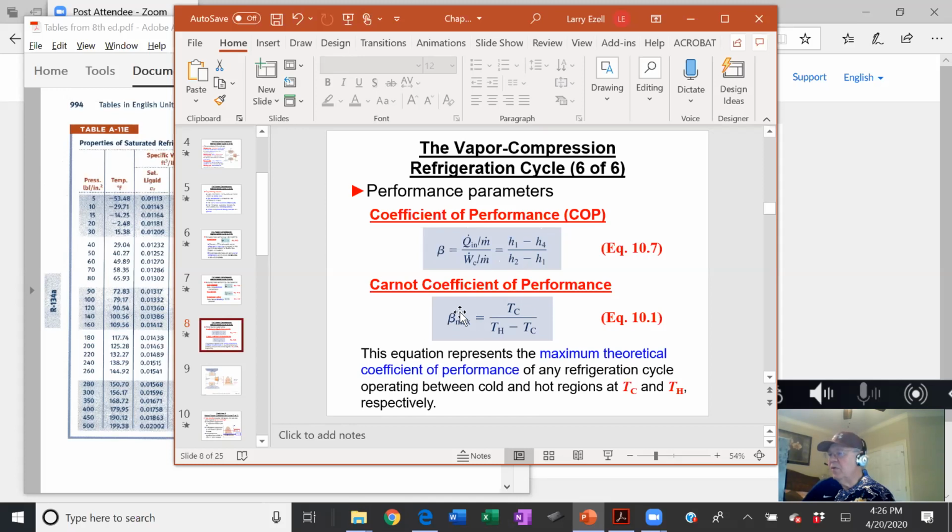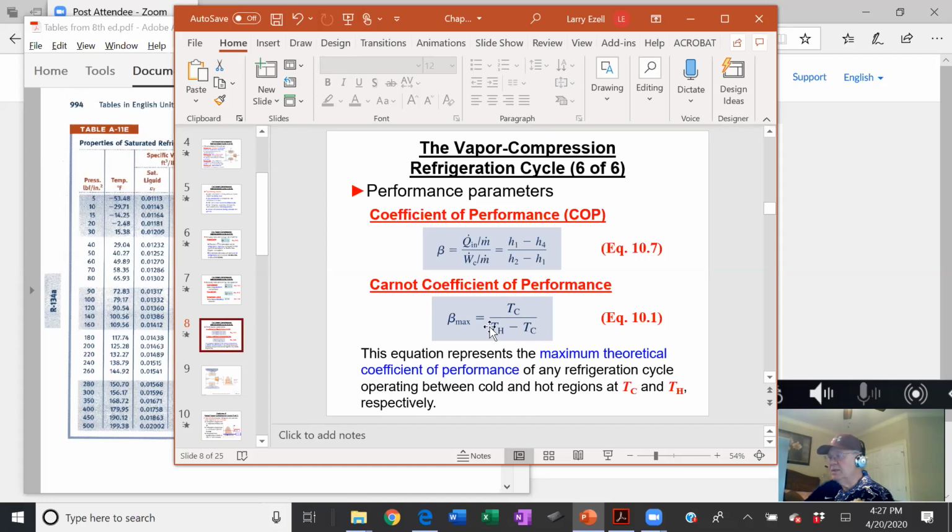Now, just as before, we have a maximum beta that depends on the Carnot criteria, the second law of thermo, and that's TC, the cold temperature, like your conditioned space, maybe 70 or 75 degrees. TH is the outside, like the 95 degrees, and then TH minus TC. These temperatures have to be absolute: degrees Rankine in the English system, Kelvin in the metric.